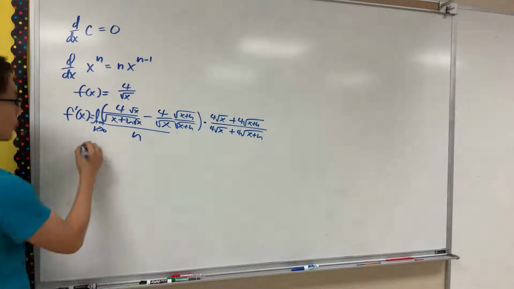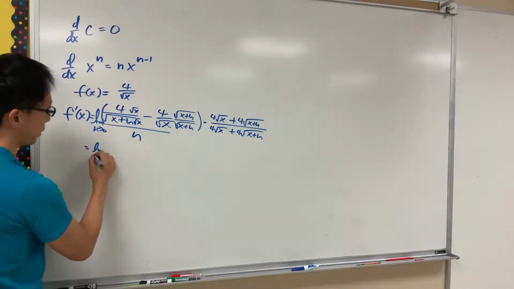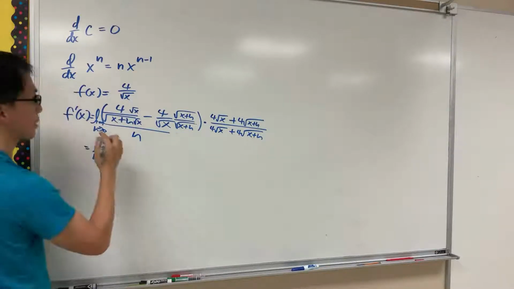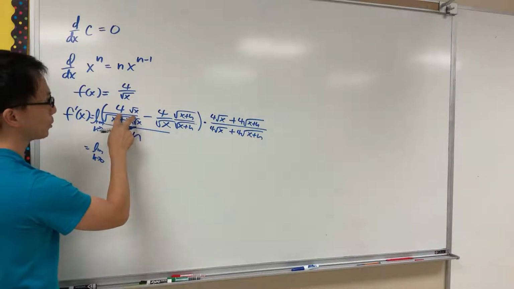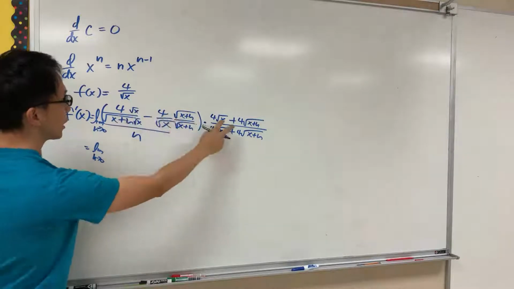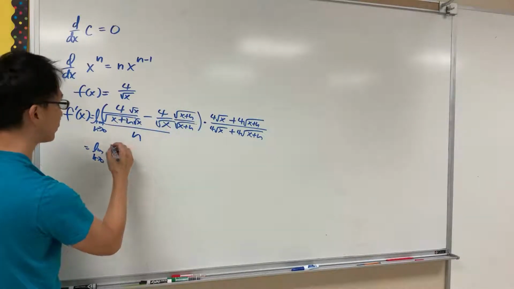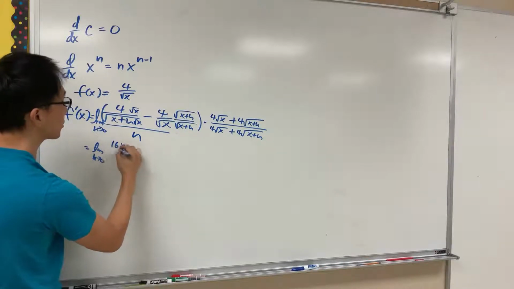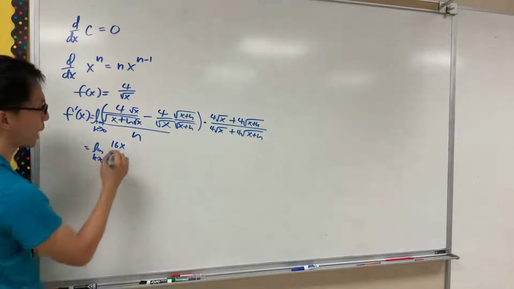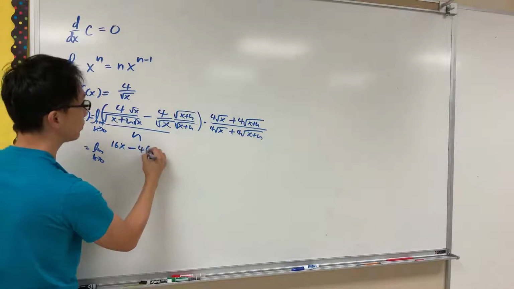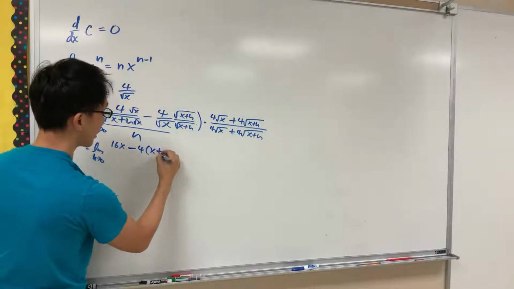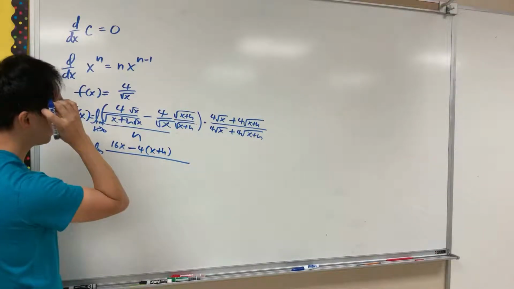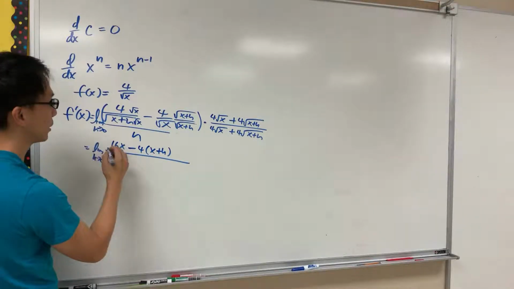But regardless, it's not too bad. You say, okay, well, let's just go and do that. Imagine that I would do this. So I will take this and now multiply it together. So what am I gonna get? 16x, right? And then minus what? 4 times the quantity x plus h, all over what?